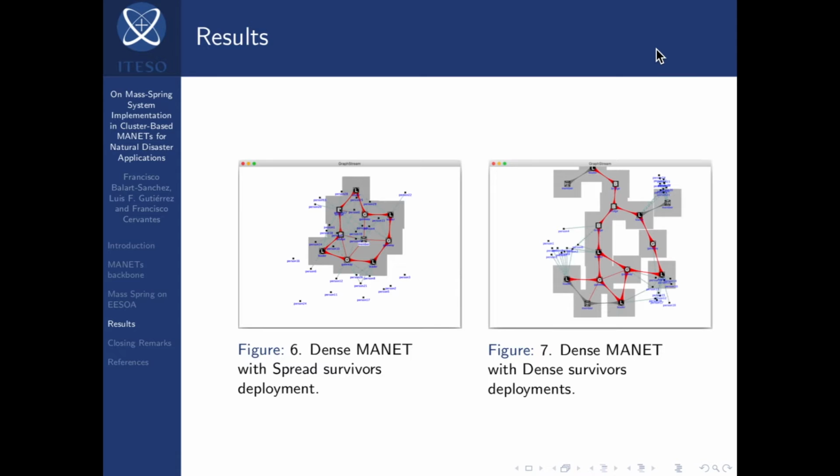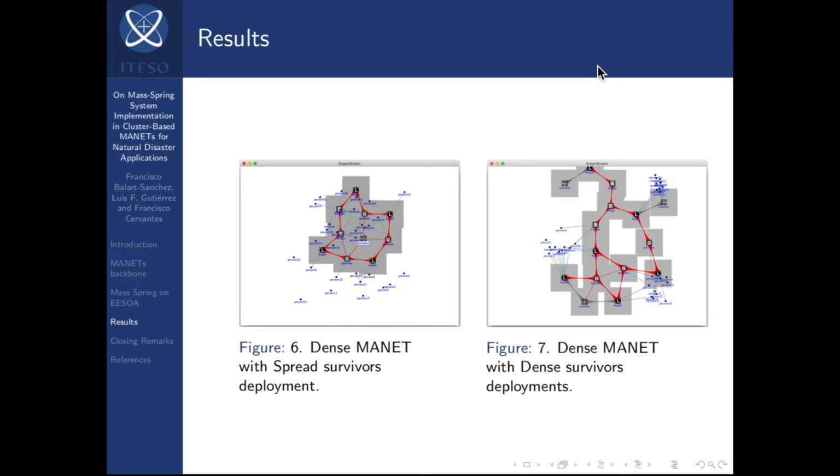In this example, I show you two snapshots of a dense MANET deployment with a spread and dense survivor deployment. In our research, we simulated four scenarios: dense MANET deployment with dense survivor deployment, dense MANET deployment with spread survivor deployment, spread MANET deployment with spread survivor deployment, and spread MANET deployment with dense survivor deployment.